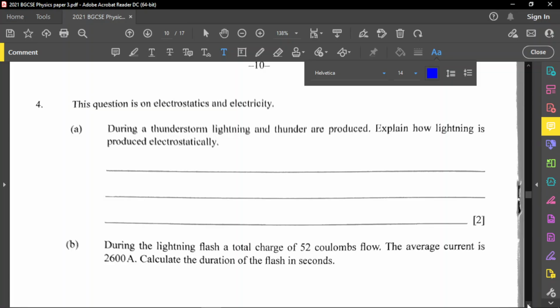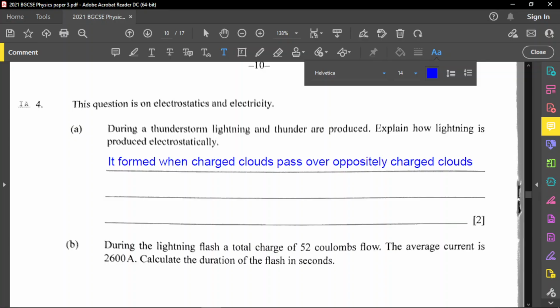And so lightning is formed when charged clouds pass over oppositely charged clouds.